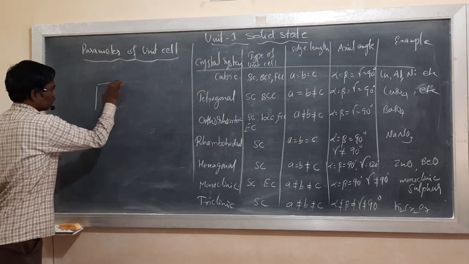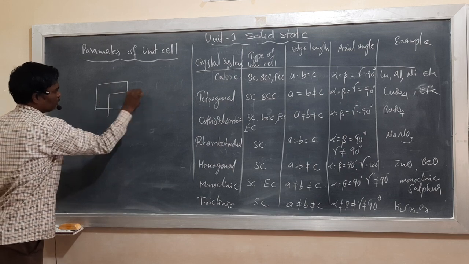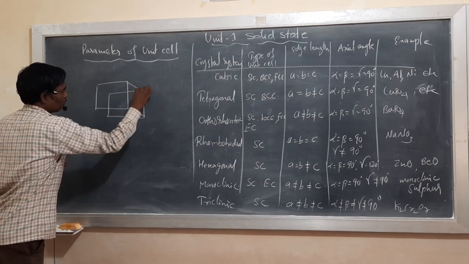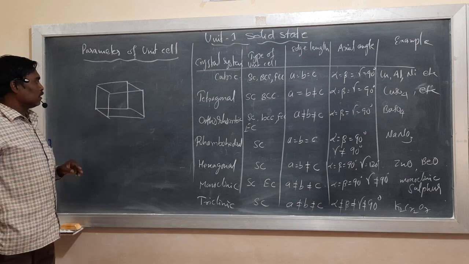Since the unit cell is the smallest repeating unit of that crystal lattice, this cube is a unit cell.